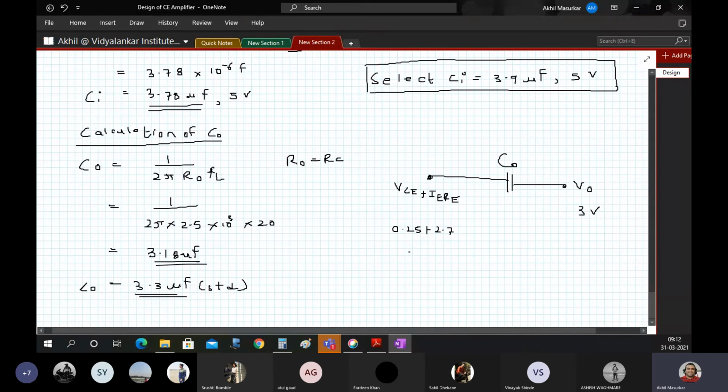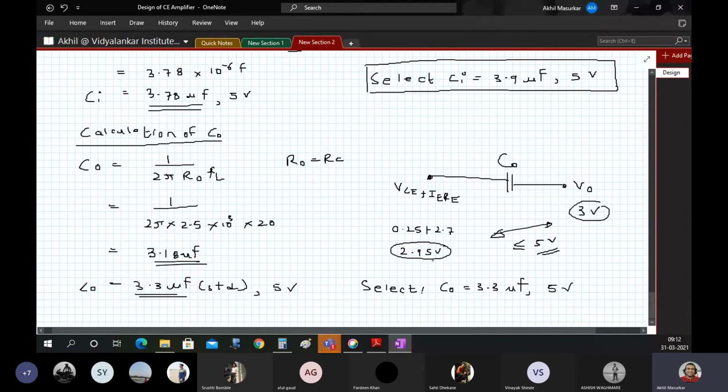So that is 15% of VCC. So this is not more than 2.95 volts and this is 3 volts. So the difference is less than 5 volts. So again this can also be 5 volts. So we can write here select C0 is 3.3 microfarad, 5.